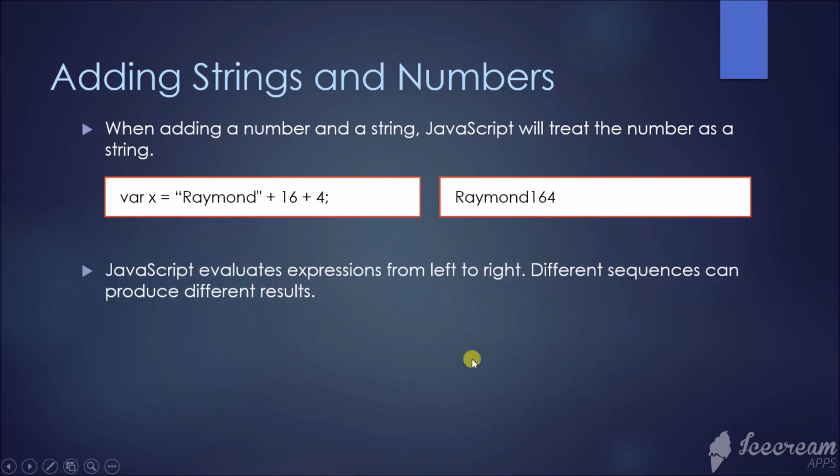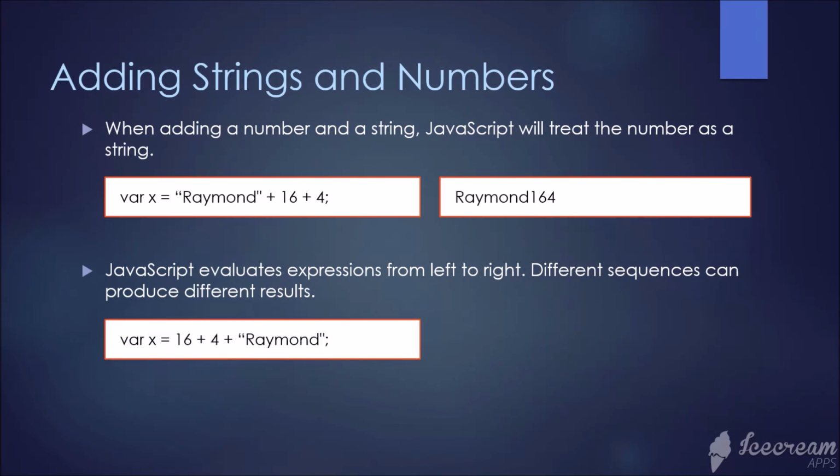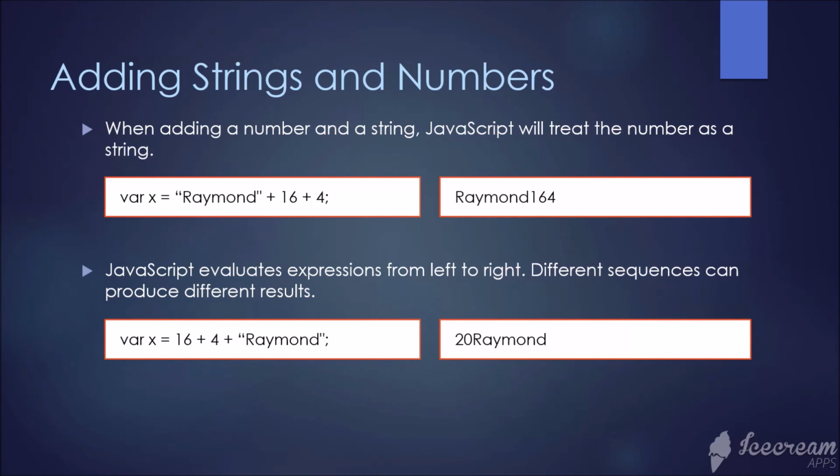So, JavaScript evaluates expressions from left to right. Different sequences can produce different results. So, paano naman yung ganito? Yung declaration natin. Start with the number 16 and 4. Then, Raymond. What do you think, guys, will be the output or the possible value? Then the possible value will be 20 Raymond. Bakit kamo?